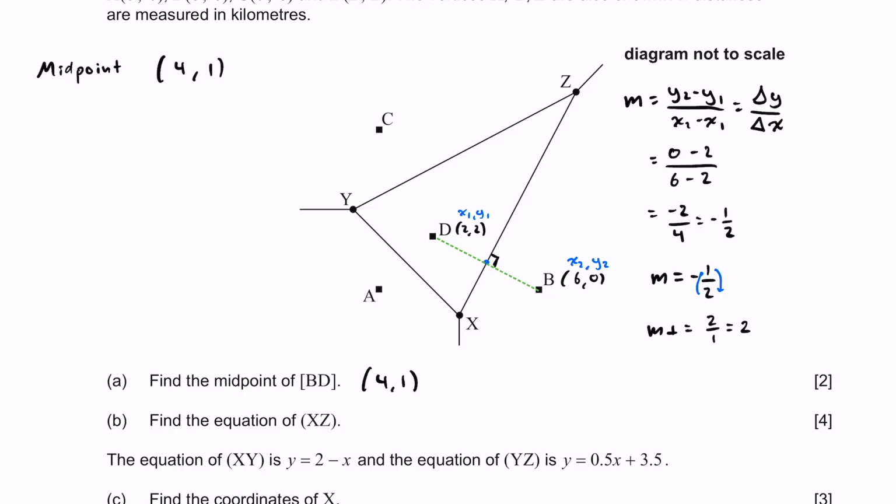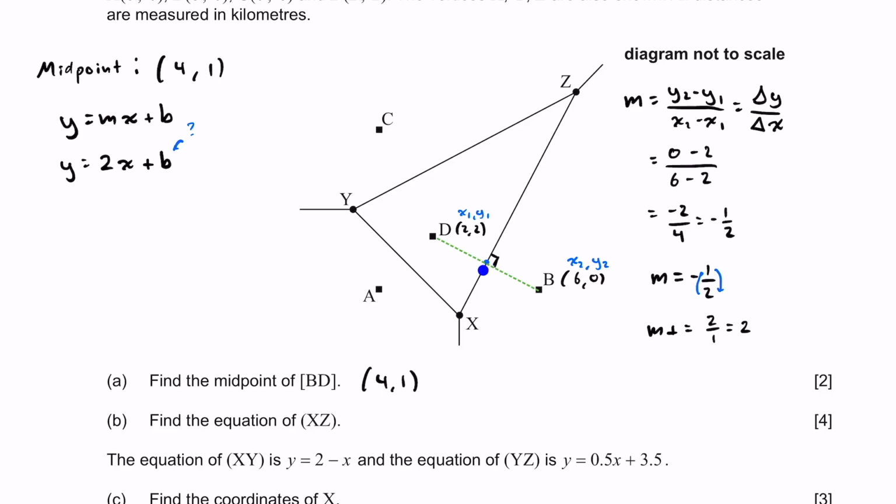We're going to need that, but let's look at our progress toward finding the equation of the perpendicular bisector. An equation of a line is given by y equals mx plus b. We already know the slope of this line is 2. So y is equal to 2x plus b, and now we need to find b, the y-intercept. We don't know it yet, but we do know a point on the line: the midpoint (4, 1).